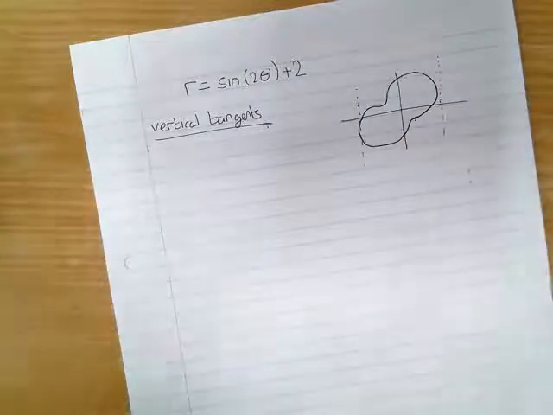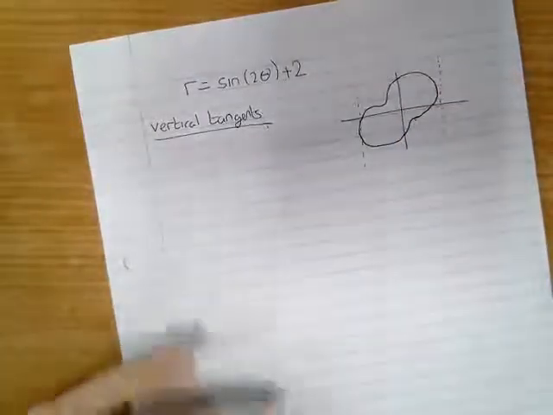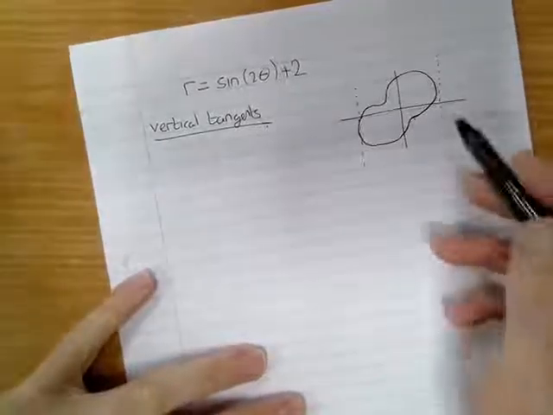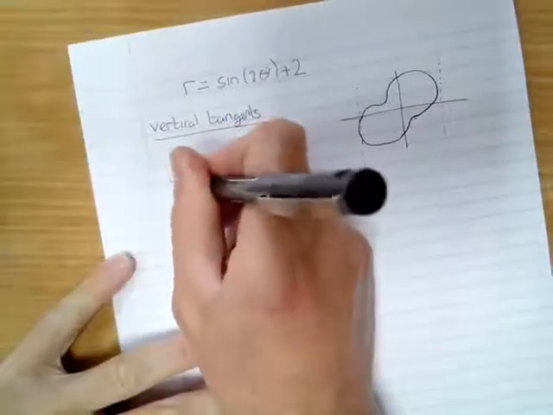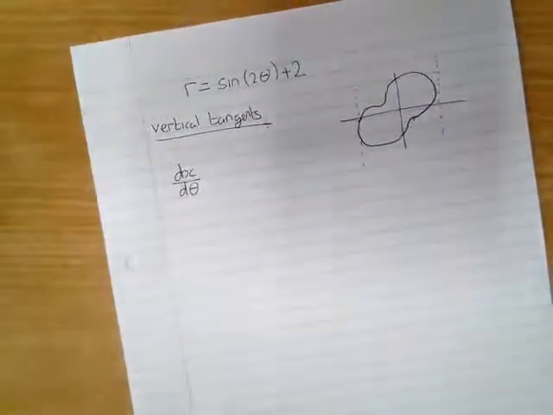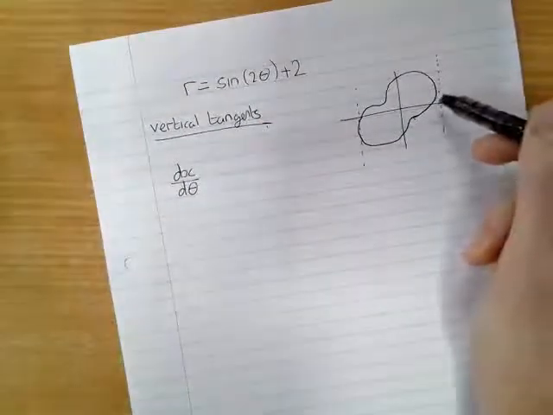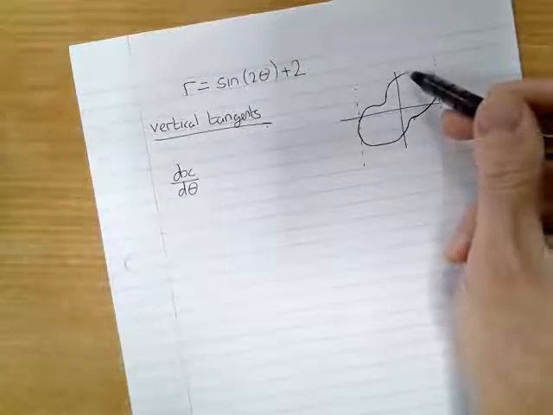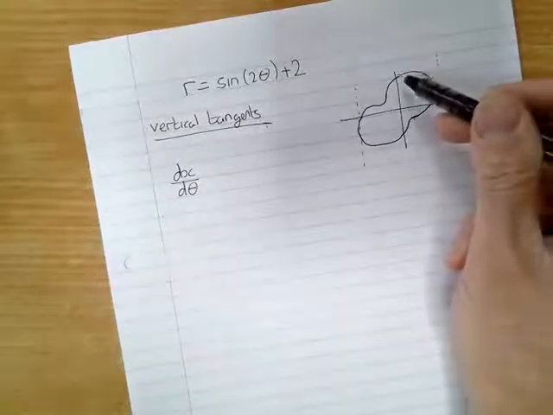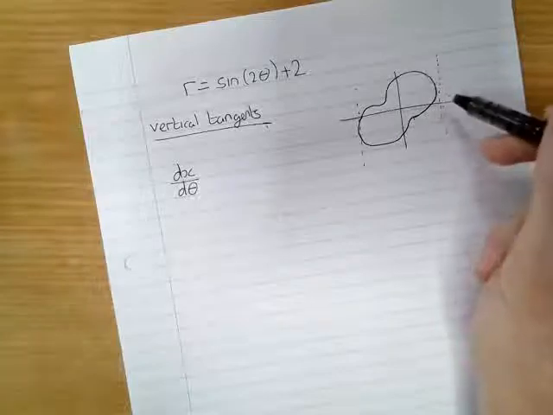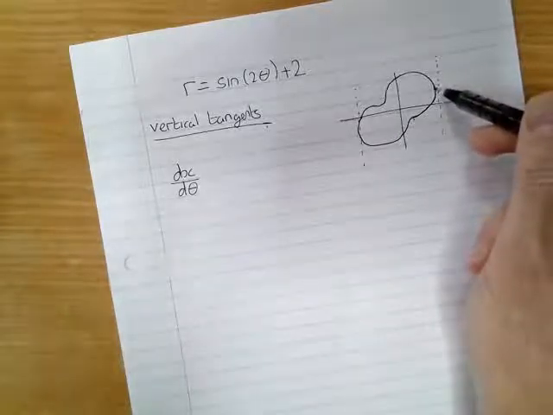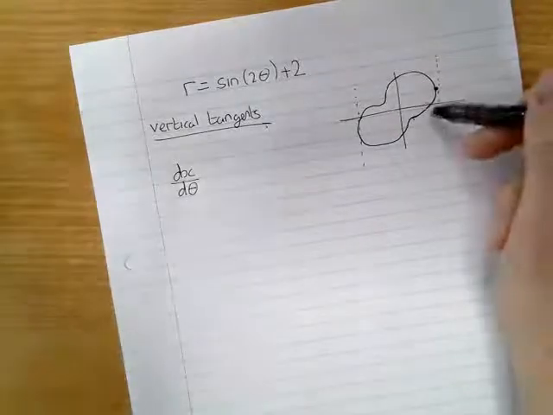The rate of change of x is the expression dx d theta. It's large when the curve is up here, because it's going fast, the x is getting smaller quickly, but it's slow here. And it's 0 here, because here it's going positive and now it's gone negative.